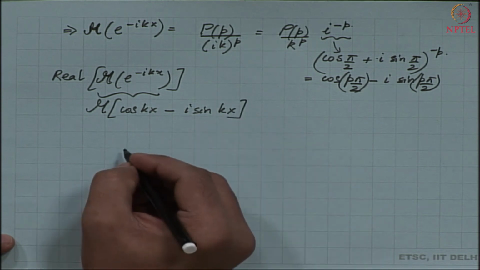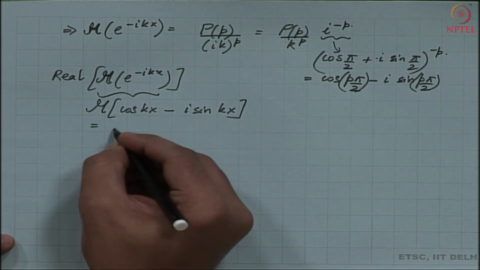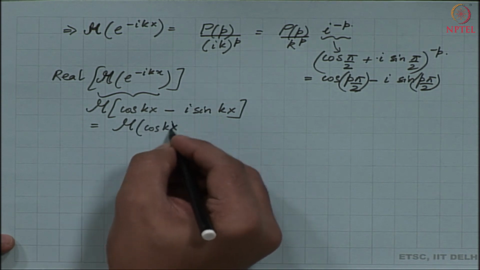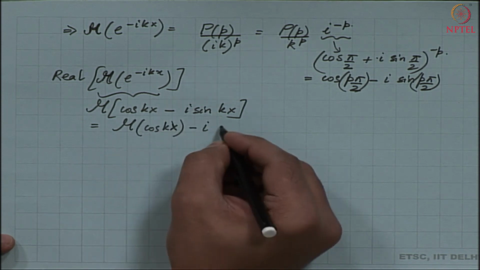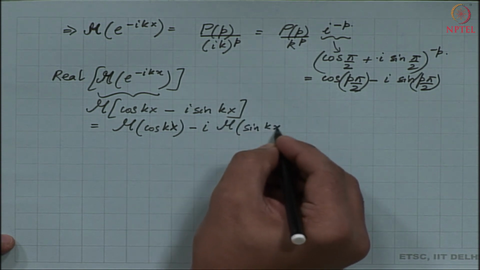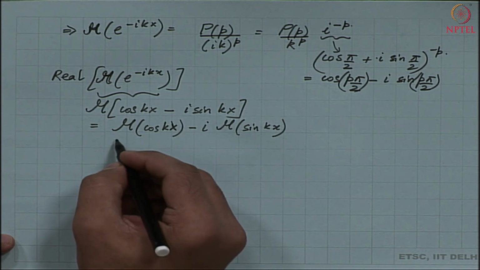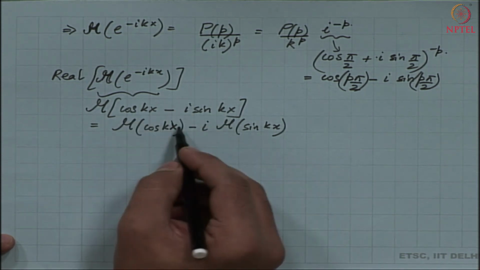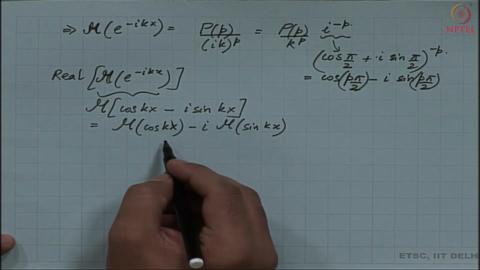So, this is also equal to the Mellin transform of cos k x minus i times the Mellin transform of sin k x. Remember that all the integral transforms must be linear operators, so I can rewrite this function as a linear combination of these two functions.